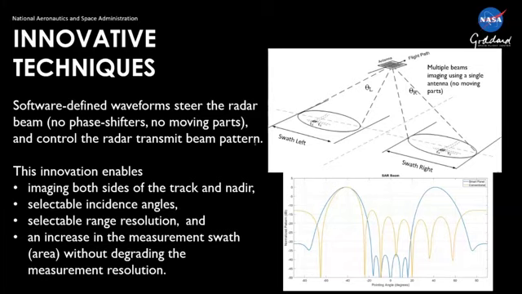So this figure down below shows essentially the beam pattern. The yellow is the conventional SAR, so one look angle off to the side, and there's a lot of noise near that beam.